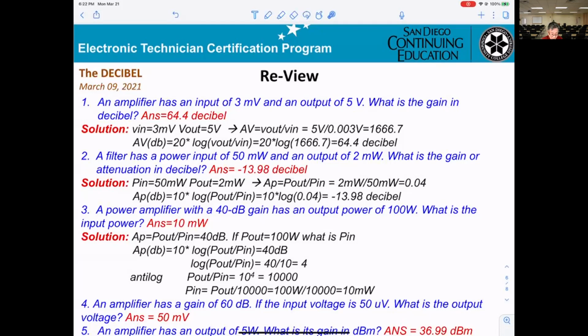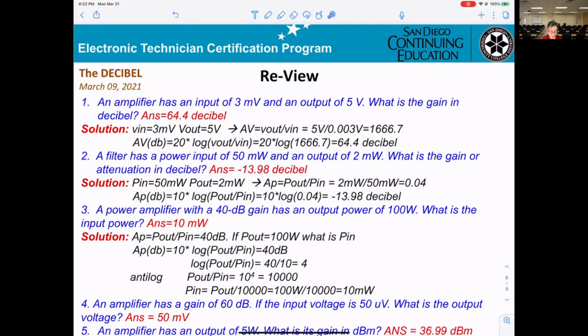Okay. And number 3, a power amplifier with a 40 dB gain has an output power of 100 watt. What is the input power? Solution.